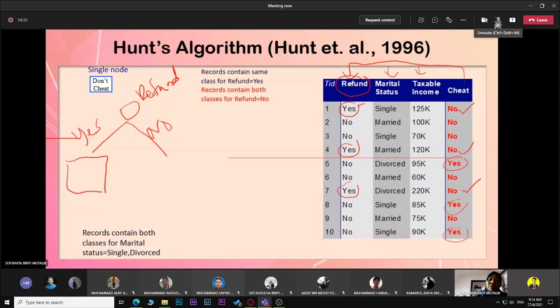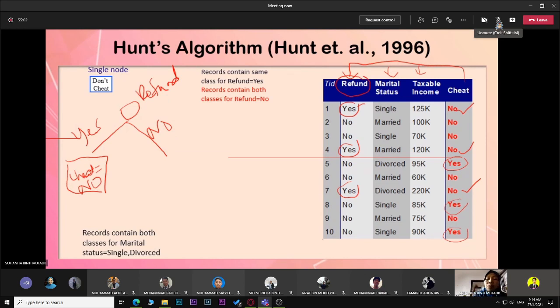So the leaf node belongs to the value of the class level, which is cheat equal to no. The root or intermediate node is round or oval; if you look in Weka it is an oval. And the end node or leaf node is a rectangle.